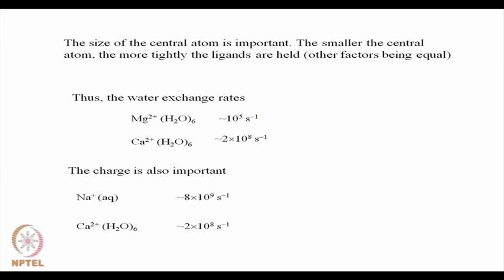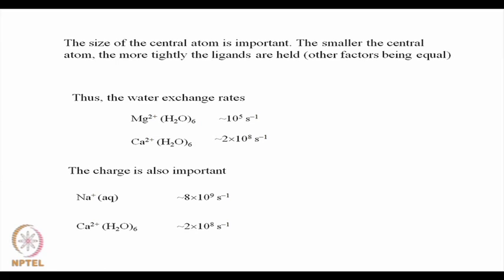Okay. So, that is for water exchange rates, magnesium and calcium. See that for magnesium 2 plus it is 10 to the power 5, but for calcium it is 10 to the power 8.